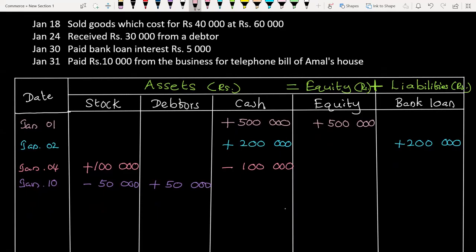Okay, next transaction, sold goods which cost 40,000 at 60,000. So what happens on January 18th? Stock decreases by 40,000 and sold at 60,000. This means cash increases by 60,000.